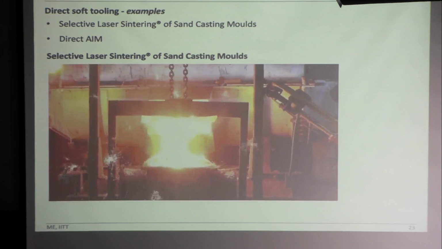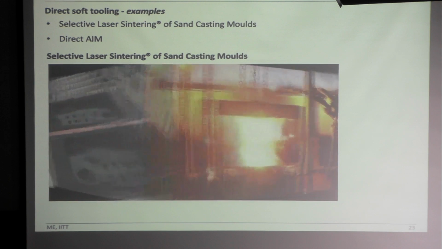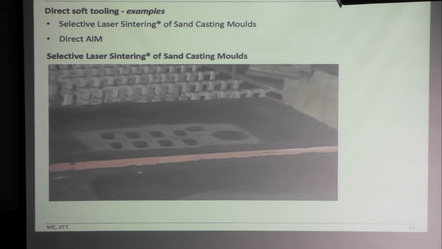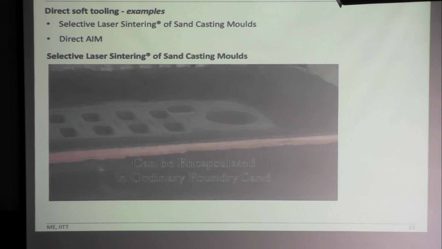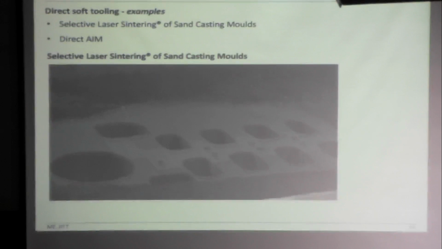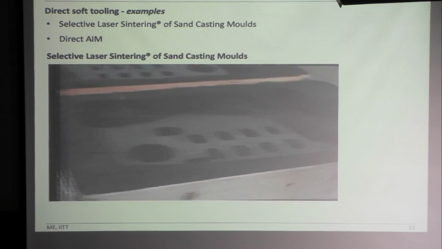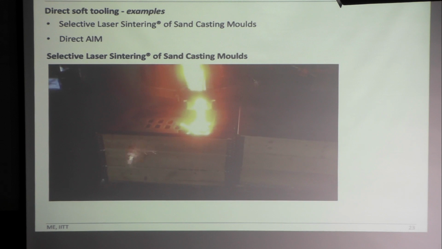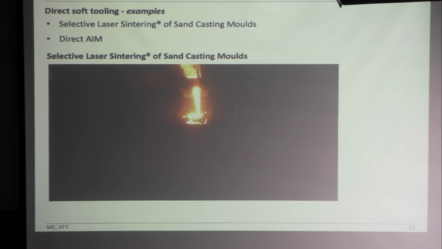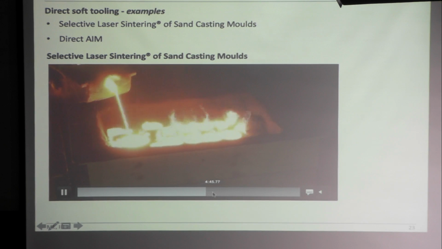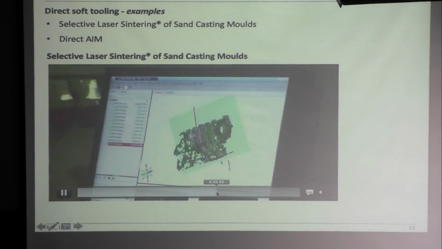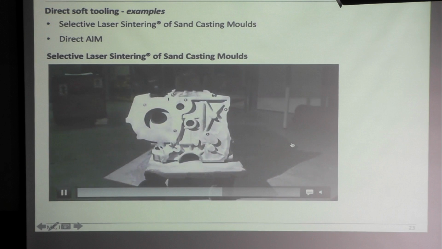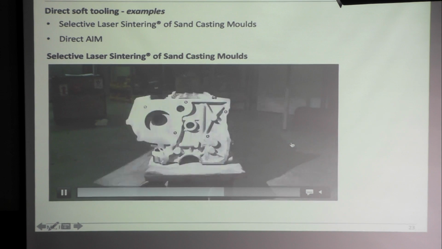We pour the molten metal. It is placed in a container with backing sand. This is the final casted product.